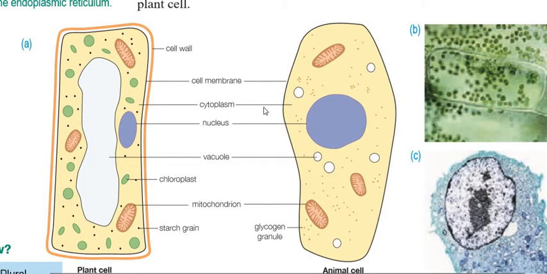Now the cytoplasm is the jelly part of the cell. Yeah, it's jelly. And that is where all reactions take place. It's actually the house for all the other parts, the cytoplasm.